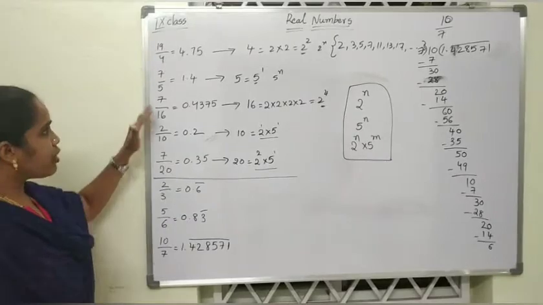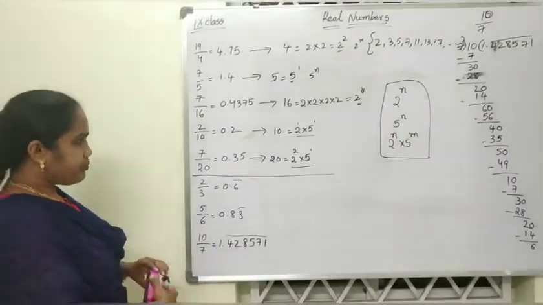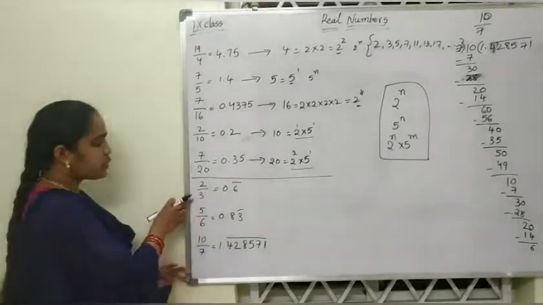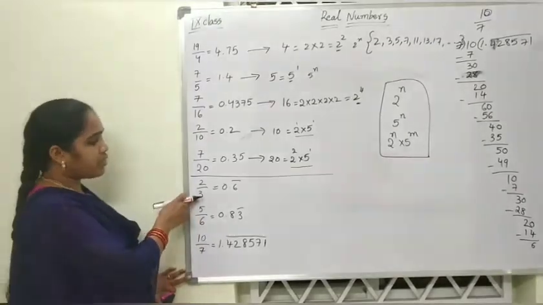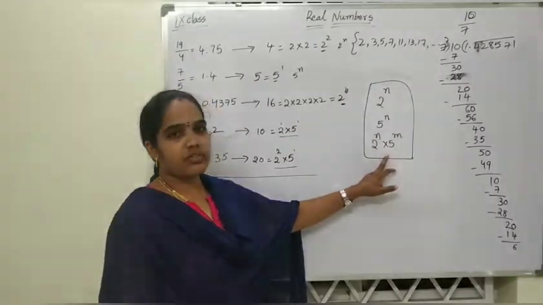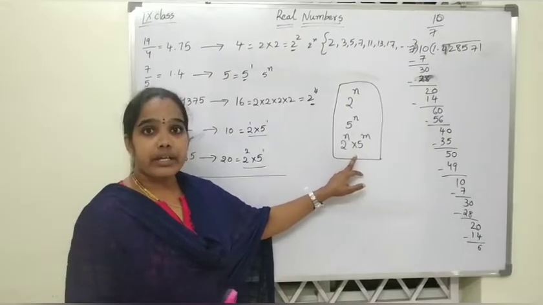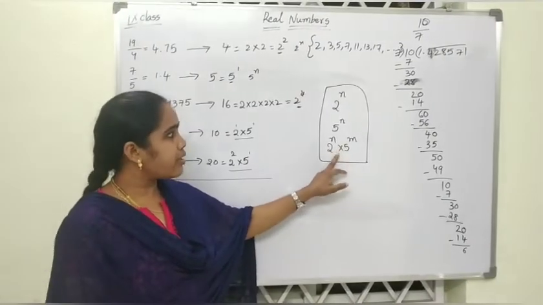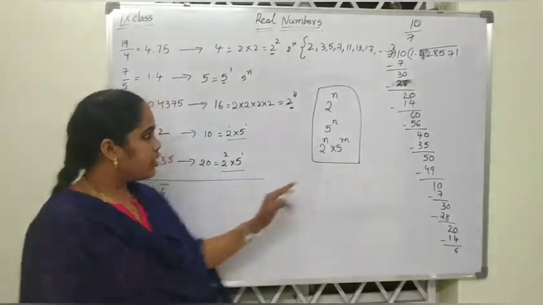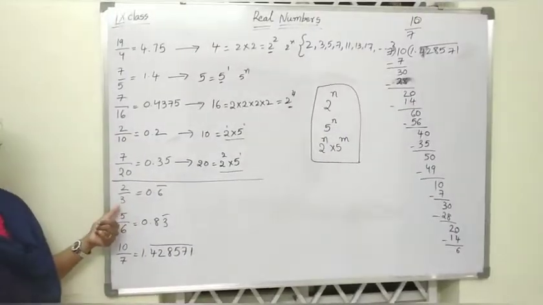So here without division we can say that. Okay, now come to this example. Here observe the denominators. If the denominators are other than these forms, then those are non-terminating recurring decimals. Other than these forms means, here what is the denominator? 3.